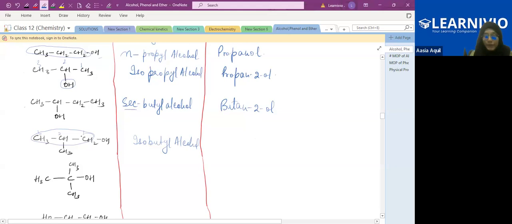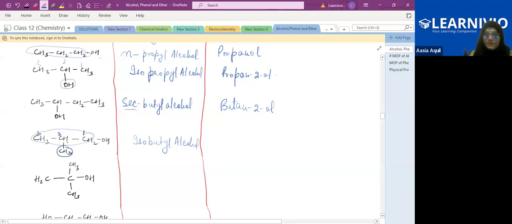Okay, see, it's very easy. First, try to find the longest chain. The longest chain will be your parent chain. The first step should always be to find the parent chain. Which will be the parent chain? The longest carbon chain, so it's 1, 2, 3. This is the parent chain. Now on the parent chain, there is a substituent on the second position. So first, what do you write? The substituent prefix.